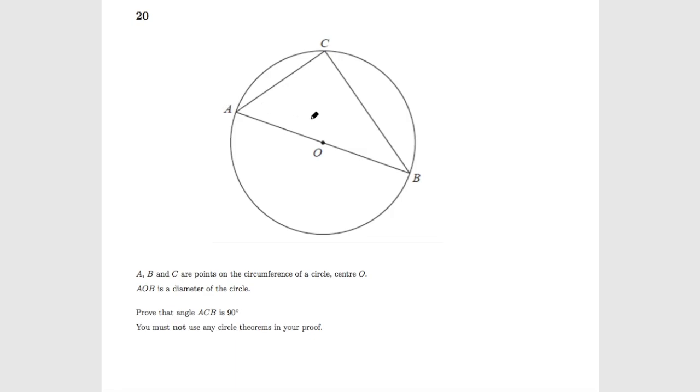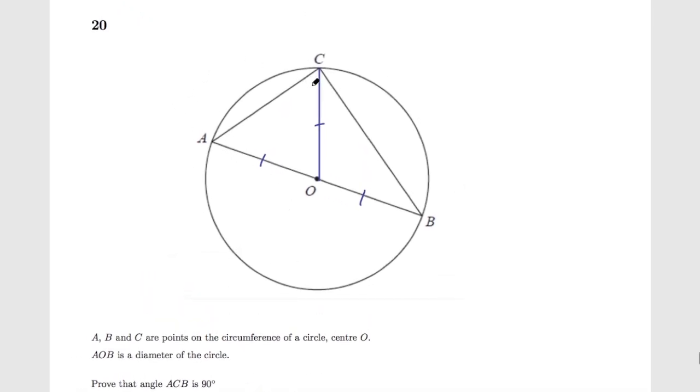Because we're told AB is the diameter and O is the center, we know that these lengths are equal. We can draw a radius from O to C, and by doing that we create two isosceles triangles. Let's give these angles some labels.